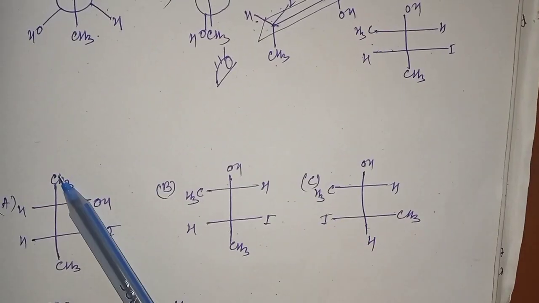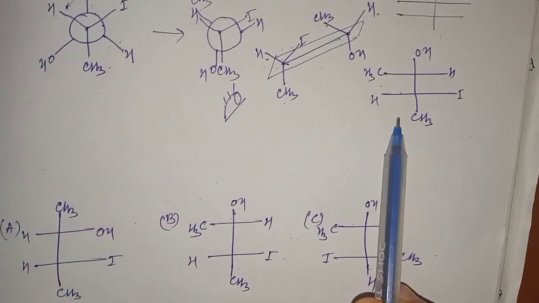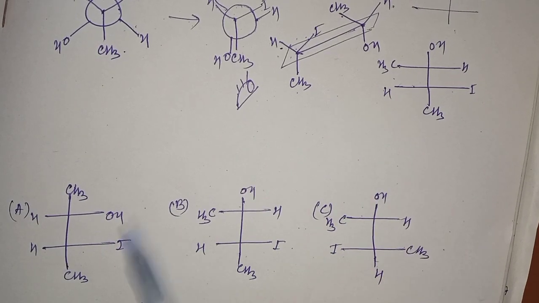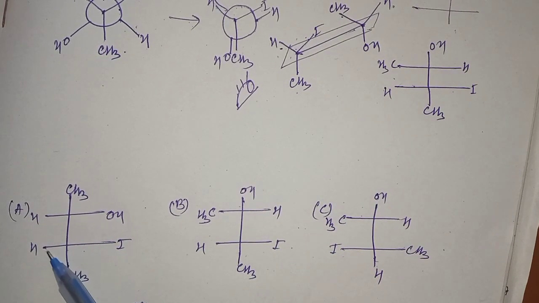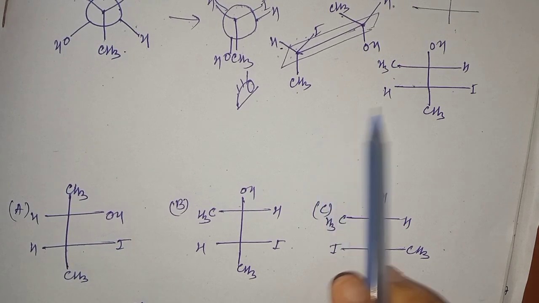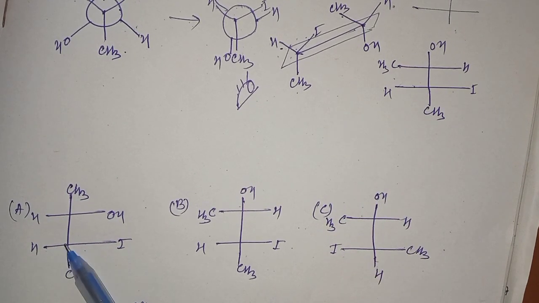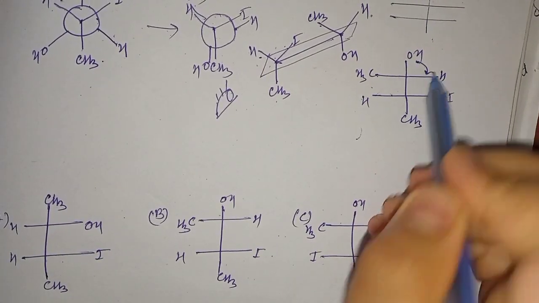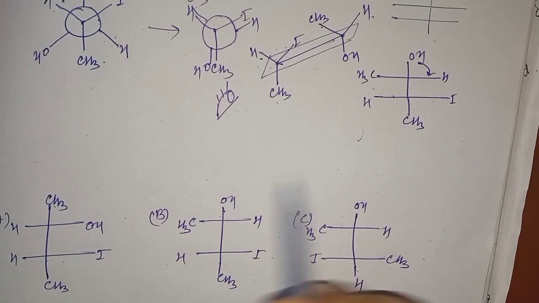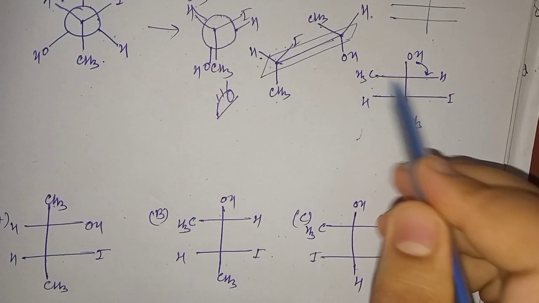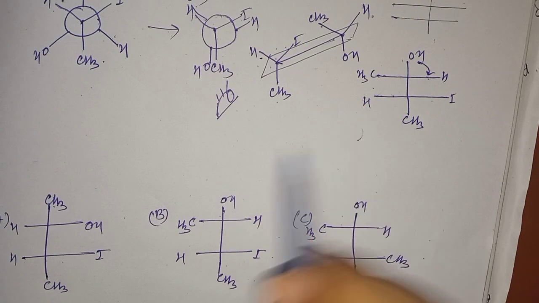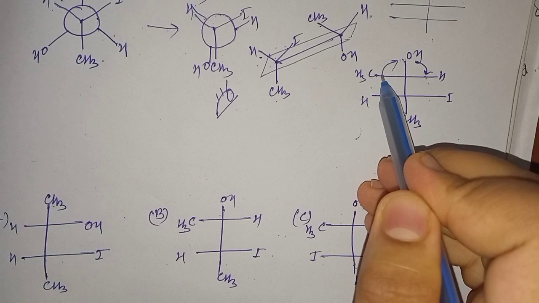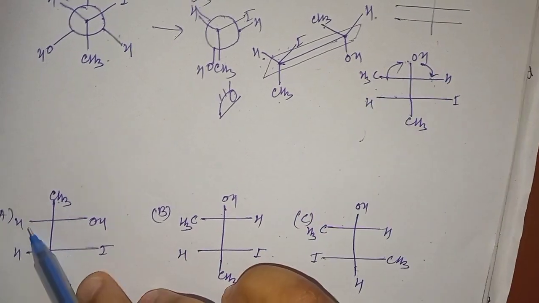Now we will compare it with the options. For option A, the chirality of this carbon atom is essentially the same because the positioning of the groups has not changed. Whereas for this carbon atom, notice that if the OH comes here, then hydrogen will go here, and then I am again bringing the methyl group to this position, so methyl comes here, hydrogen goes to this position.